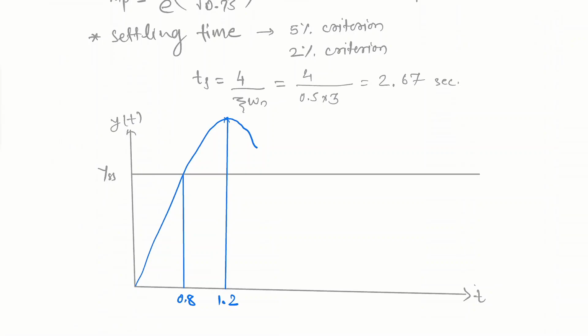And this peak value here is 1.163, that is the peak overshoot we are counting for. And say if we draw a 2% band here, we are reaching here for the first time and staying there after 2.67 seconds.